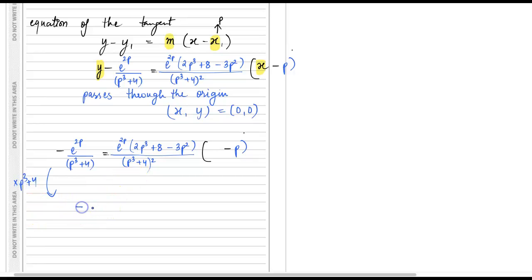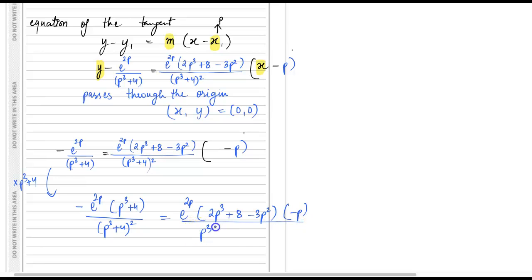So it would be minus e to the power 2p, p cubed plus 4 over p cubed plus 4, and already we have one p cubed plus 4, so that would be squared. That is equal to e to the power 2p, we have a bracket, 2p cubed plus 8 minus 3p squared, and outside we have minus p. At the bottom we have p cubed plus 4 squared.